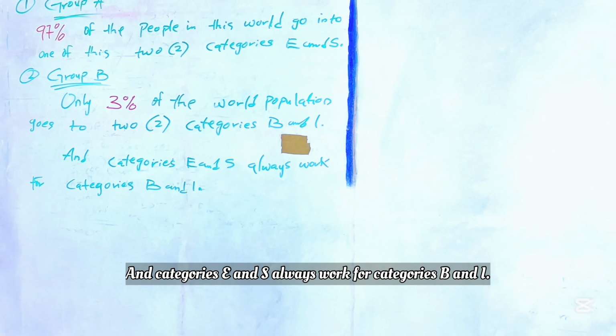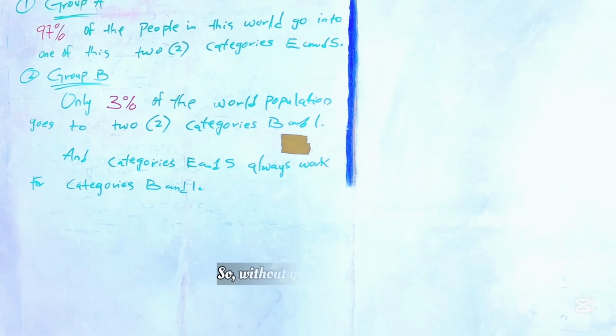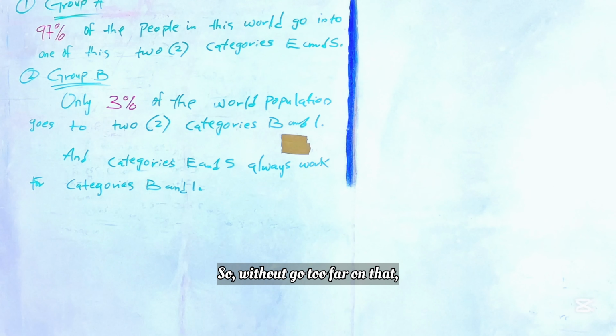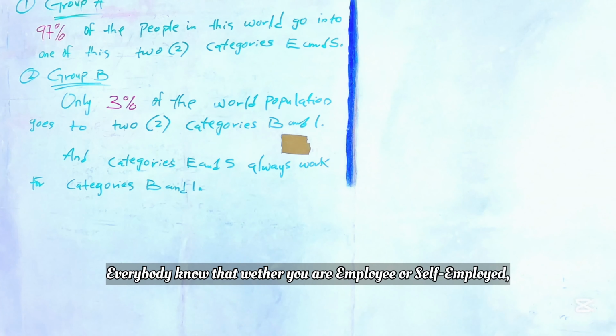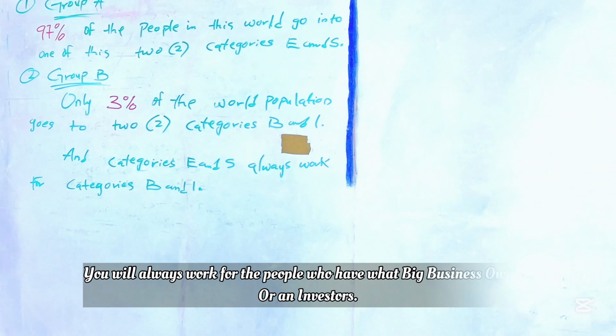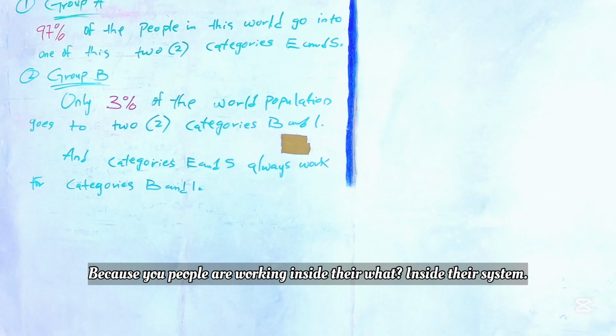Categories E and S always work for categories B and I. Everybody knows that whether you are an employee or self-employed, you will always work for the people who have what? A big business owner or an investor, because you are working inside their system.